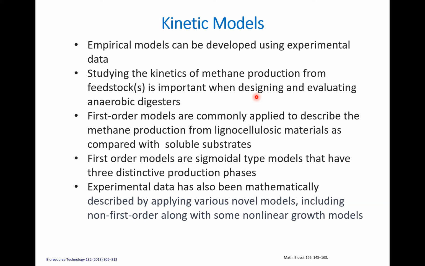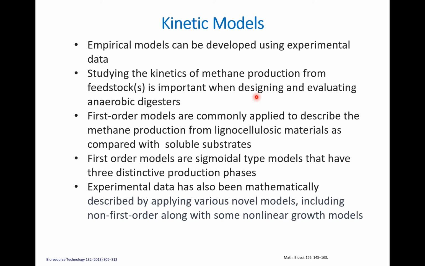Usually, first order models are commonly applied to describe the methane production from lignocellulosic materials compared with soluble substrates. Of course, these first order models are sigmoidal in shape, and they can have three distinctive production phases.